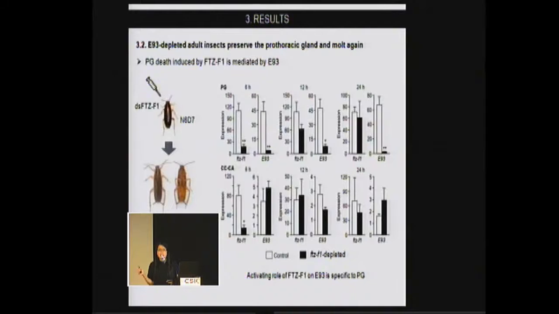But when we measured the expression of E93 in the PG, we found downregulation of E93. If you remember the first result that I showed, when I suppressed E93 in the PG and the expression of E93 went down, the expression of Fushi tarazu factor 1 did not go down. But this time, when we suppress Fushi tarazu, it reduced the expression of E93.